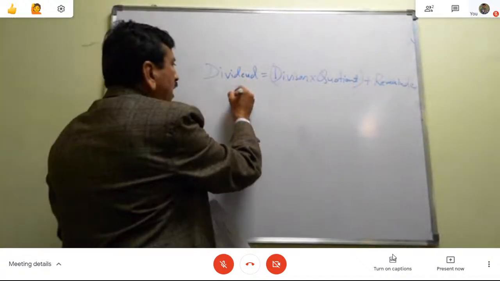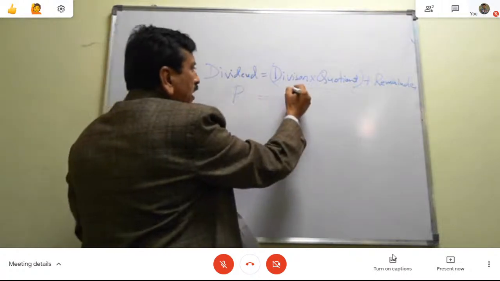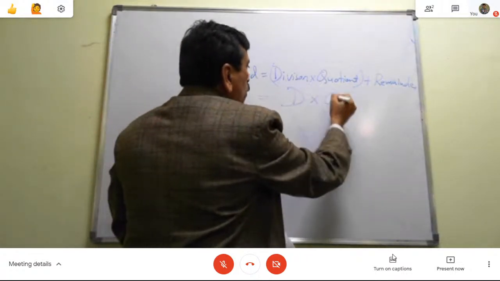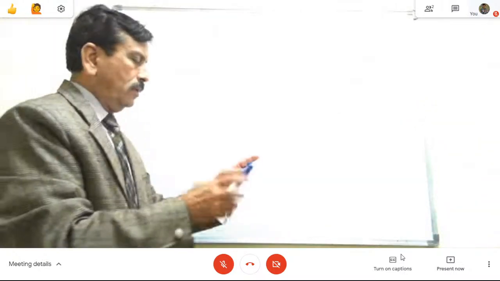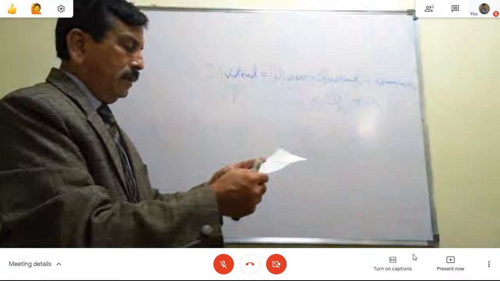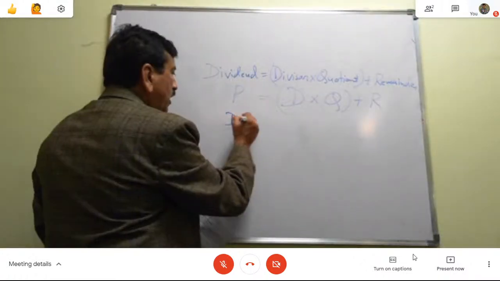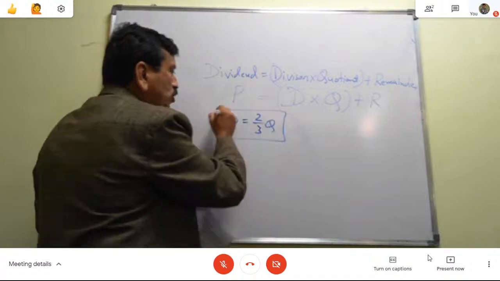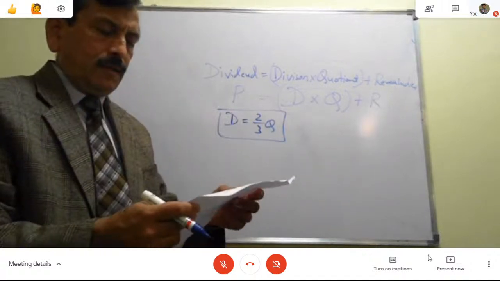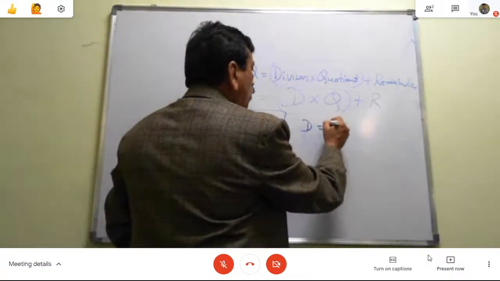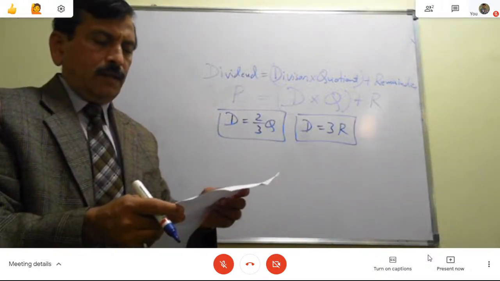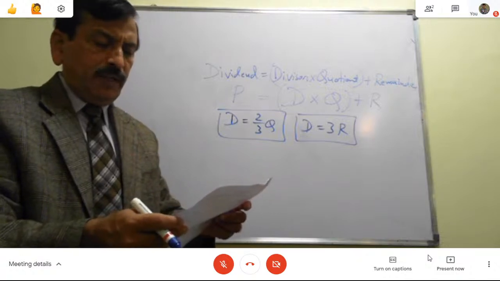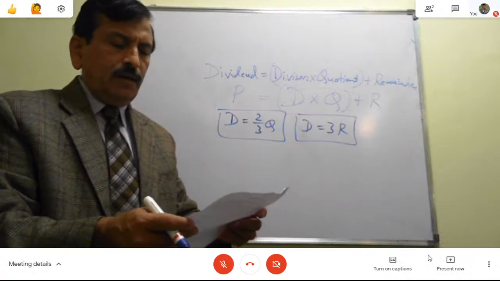Should I put dividend as P, divisor as D, quotient as Q, and remainder as R? Divisor is 2/3 of the quotient. First proposition. And divisor is 3 times the remainder. Then what is the dividend? And we are given some values between 128 to 260.